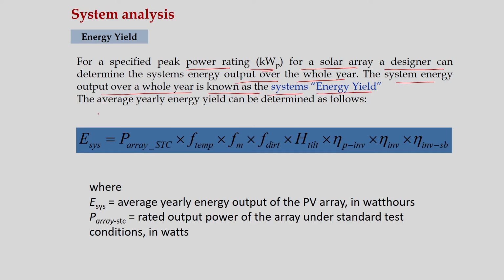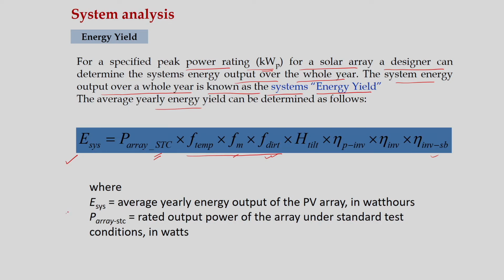So, this average yearly energy yield can be determined by using this expression. E system is equal to P array under standard test condition multiplied by these derating factors: temperature, manufacturing tolerances, then we have dirt, and these values will be discussed in the next slide.